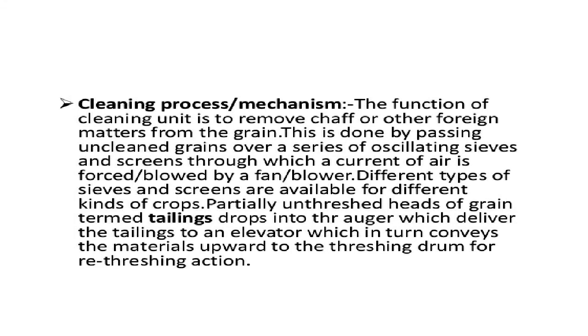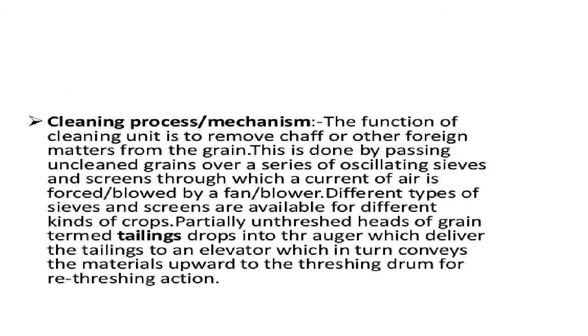Partially threshed heads of grain, the tailings, drop into the auger, which delivers the tailings to an elevator, which in turn conveys the material upward to the threshing drum for re-threshing.